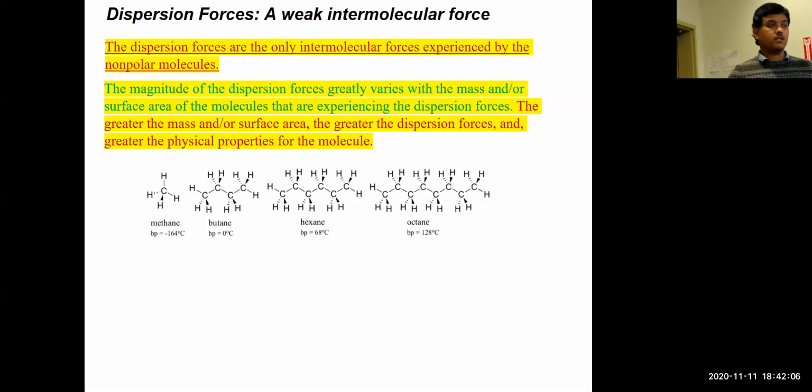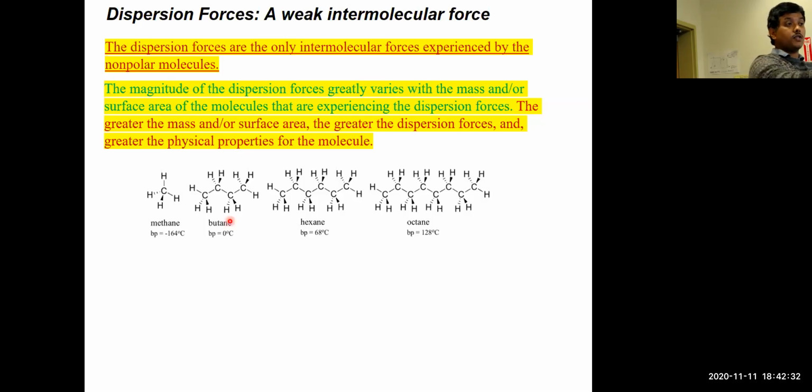The huge difference. What is the difference between these two is one is bigger, so larger, so butane has a greater scope for higher London dispersion forces between them. So more butane molecules are overlapping with more butane molecules. As a result, they were not easily getting evaporated at lower temperature like methane.